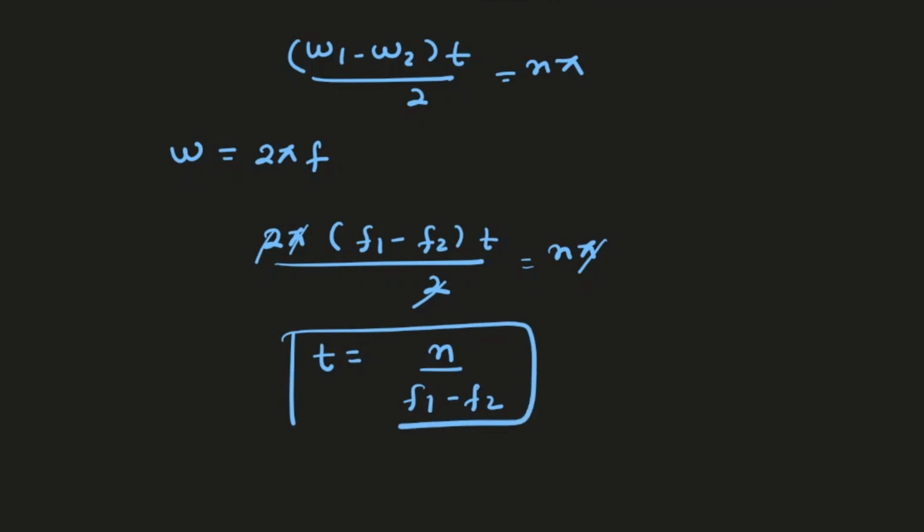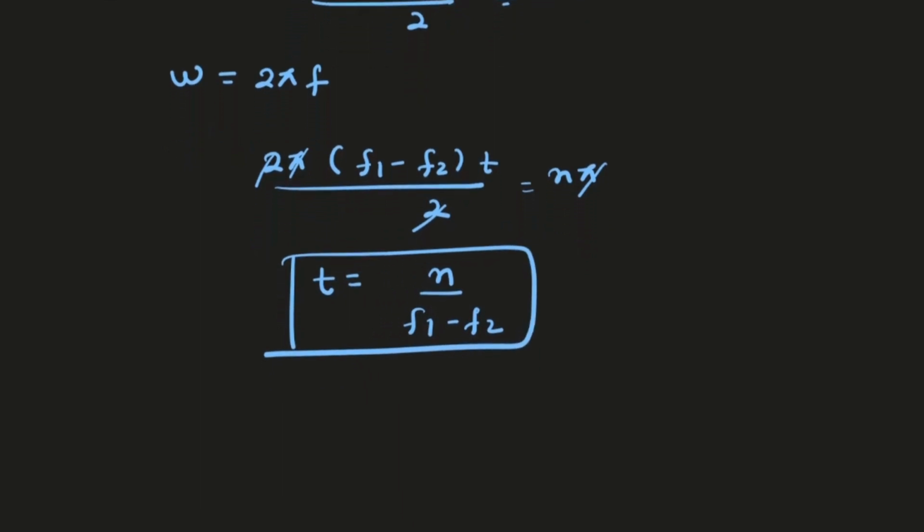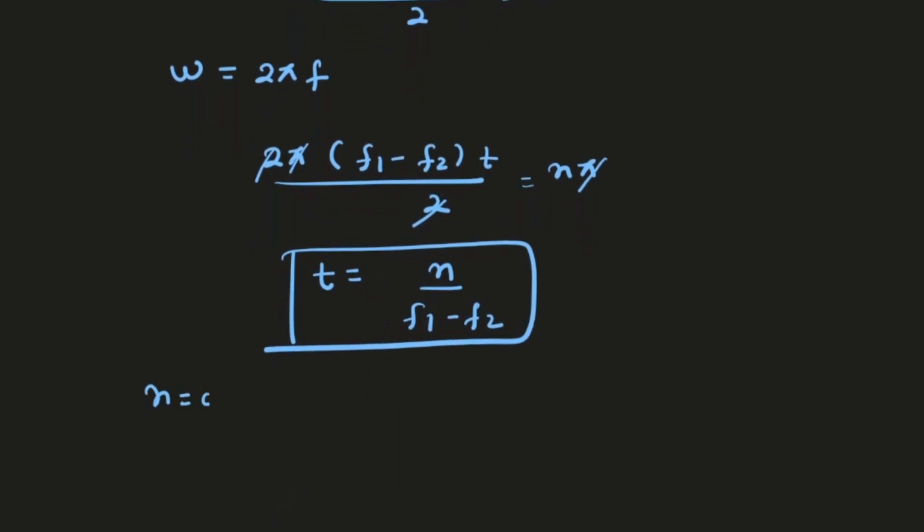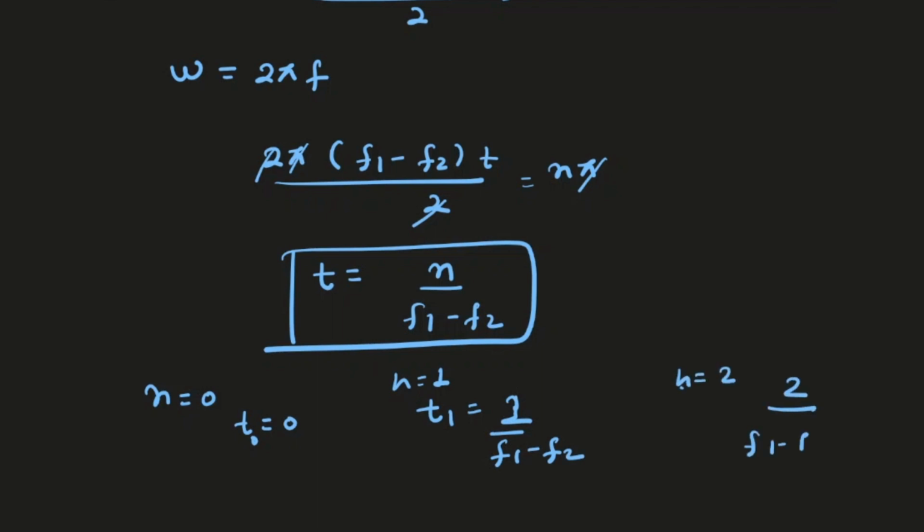So we will put different values of n. If we put n equal to 0, we get t equal to 0. If n is equal to 1, then t1 is equal to 1 upon (f1 minus f2). Similarly, n equal to 2, then 2 upon (f1 minus f2).